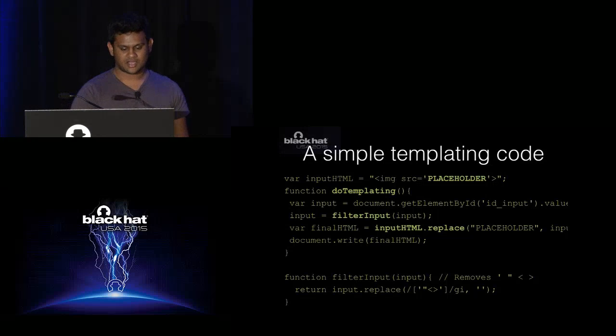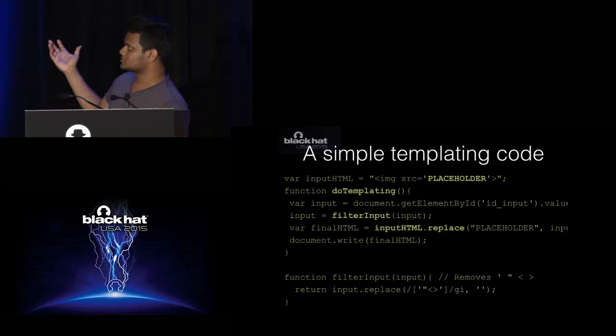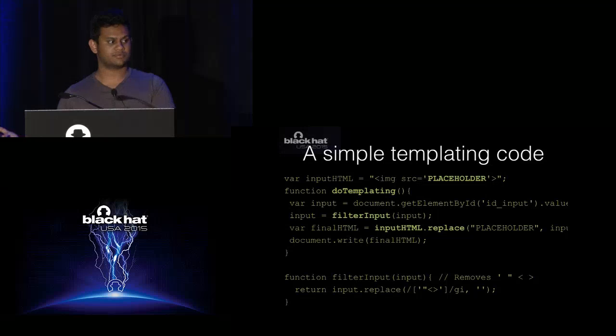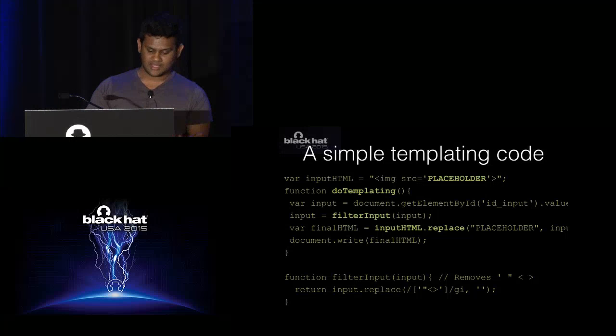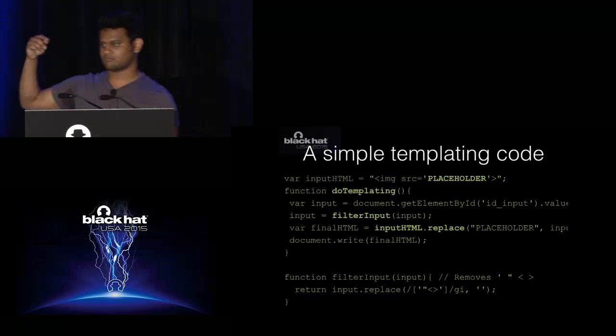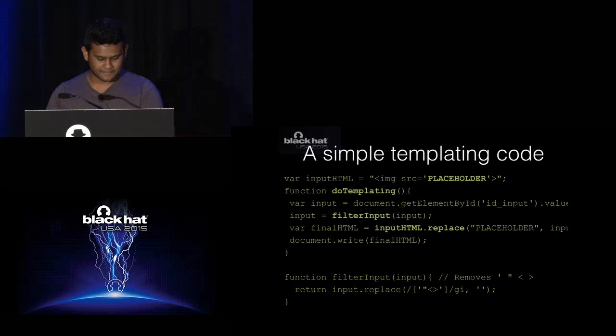In this case, I'm going to replace it with the input which the user gave. Before doing the innerHTML.replace of placeholder comma input, I'm going to do a filtering, and the filtering is pretty standard HTML filtering where you take care of single quotes, double quotes, less than, greater than, stuff like that.